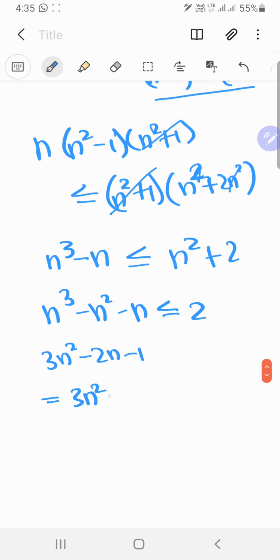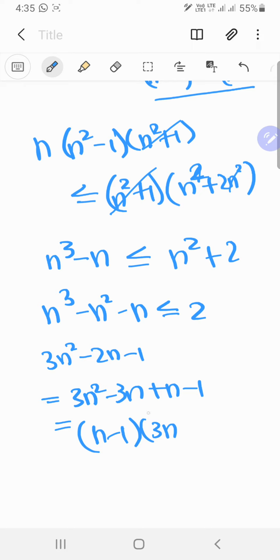So it's 3n squared minus 3n plus n minus 1, which is n minus 1 into 3n plus 1. Because n is a natural number, n minus 1 is either 0 or positive, and this thing is obviously positive, so it's always bigger than or equal to 0. So this is a non-decreasing function. Cool.